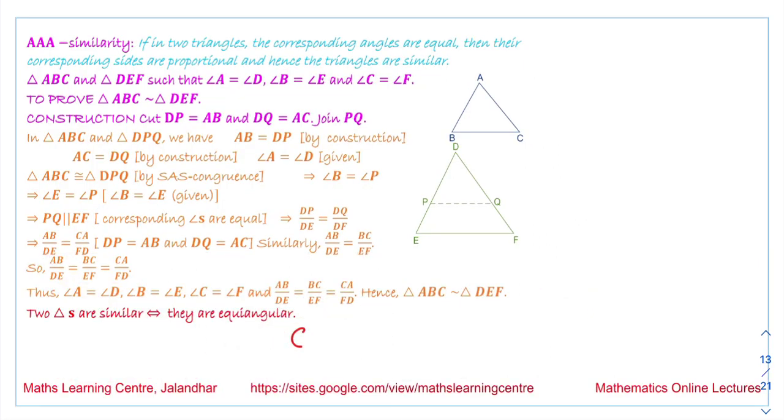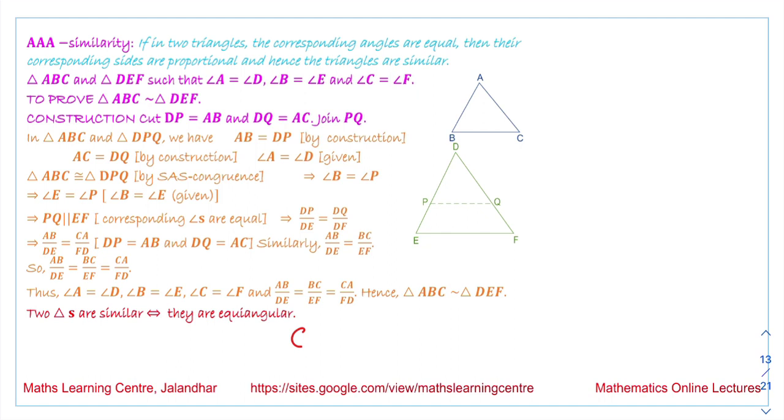When we were talking about congruence, we have seen that if all three angles of two triangles are equal, then the two triangles need not be congruent. Over there we studied the criterion of sides, that if all the sides are equal, then the triangles were congruent.